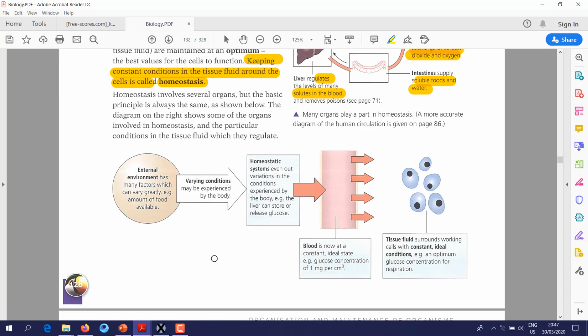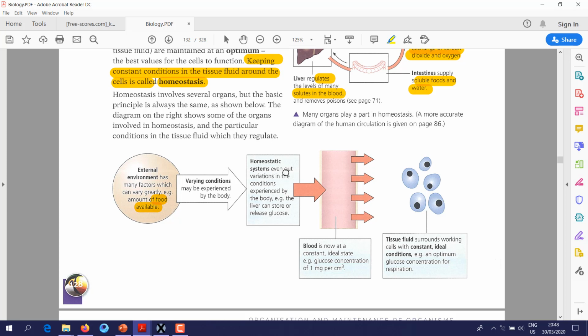Here is another diagram that shows homeostasis. Firstly, we said we have external and internal environment conditions. The external environment has many factors which can vary greatly. For example, the amount of food available, how much food there is to be given to the body, to the cells.